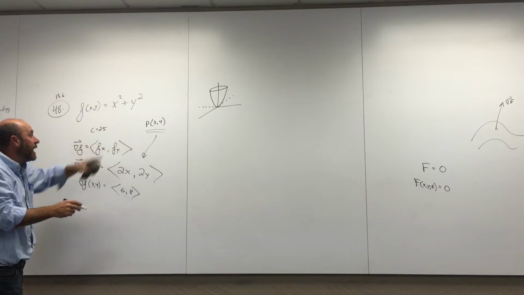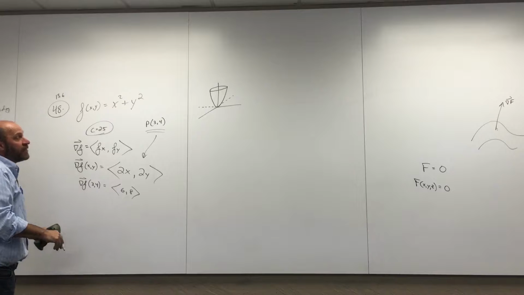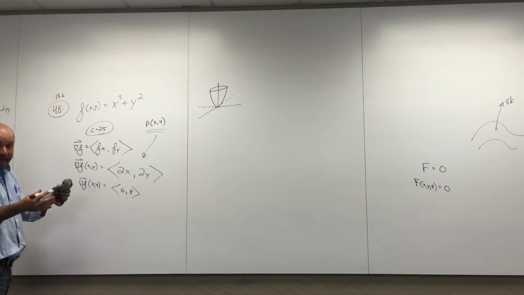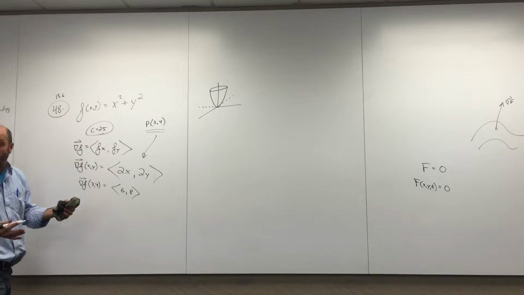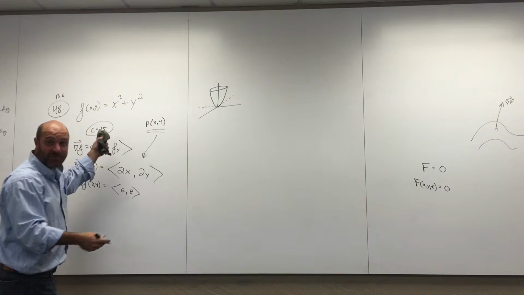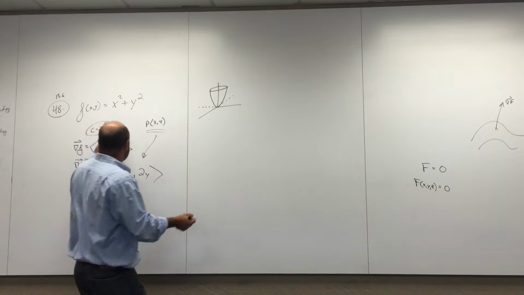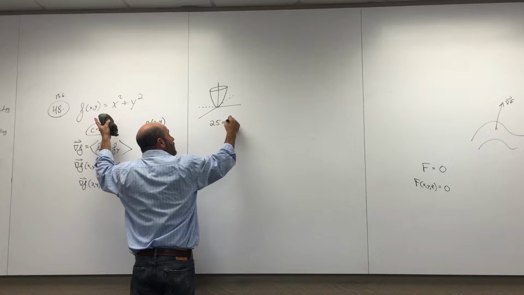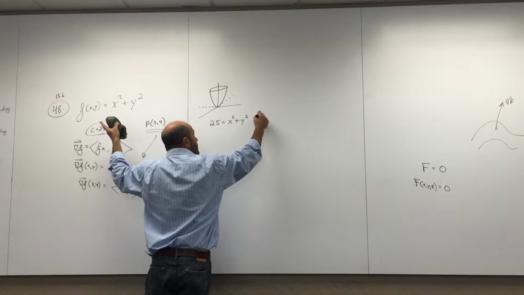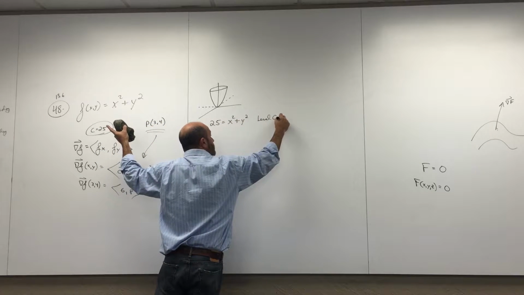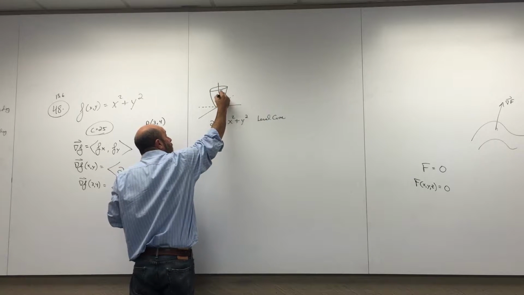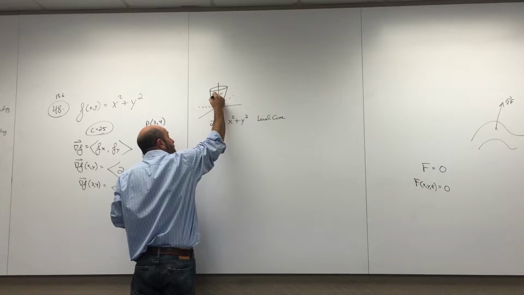Anyway, when C is 25, I will be looking at the level curve when Z is 25. That's what those C values or Z values are. I could plug it in and I would be looking at this level curve. That's way up there somewhere, I'll mark that 25. That would be this level curve right here, you guys.